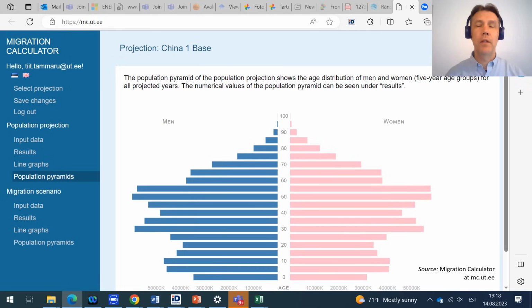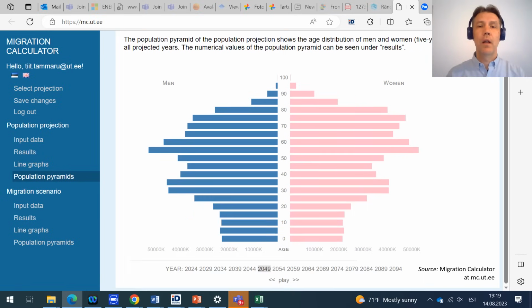But what's more, its age structure is changing dramatically too. At the moment there are still lots of people in the family ages in China, but already in the middle of this century, we see quite important aging taking place.